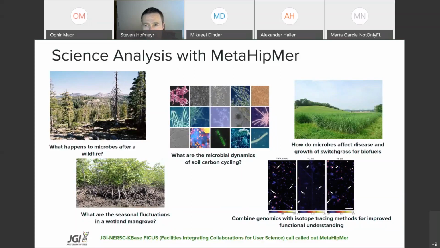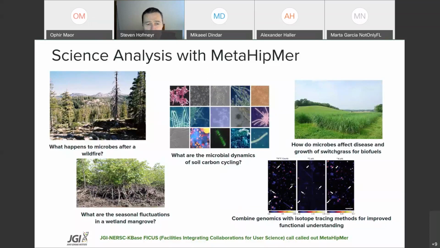One of the things you can do with meta-genome analysis is, for example, try to understand what happens to microbes after a wildfire. Or you can look at soil carbon cycling, which is obviously of increasing importance as we confront climate change. We also know that microbes can affect disease in various crops, so we have projects that look at how they affect disease for the growth of switchgrass, which is being investigated as a biofuel.